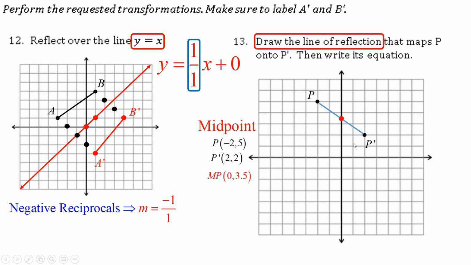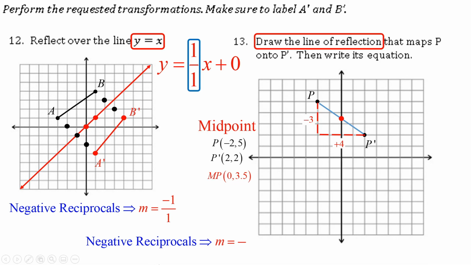Oh, that looks perfect. Okay, so we have our midpoint. All we need is a slope. Okay, and what's the slope of our segment? Well, that is -3 over +4.